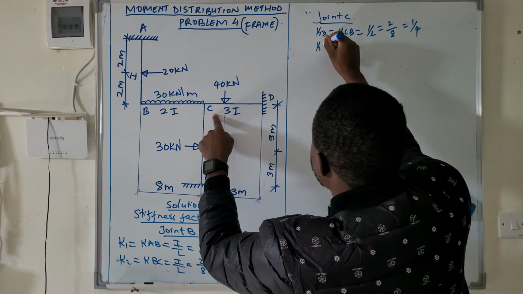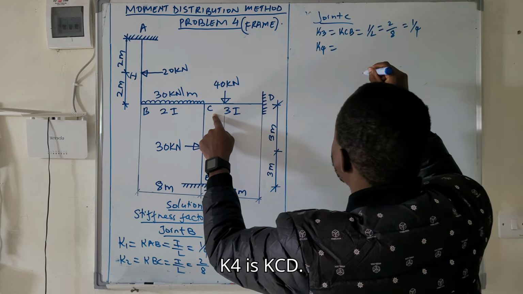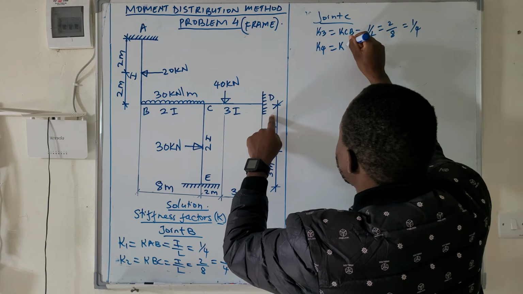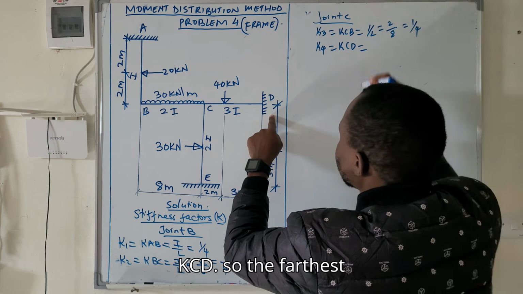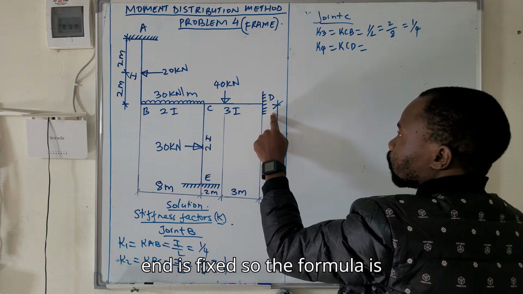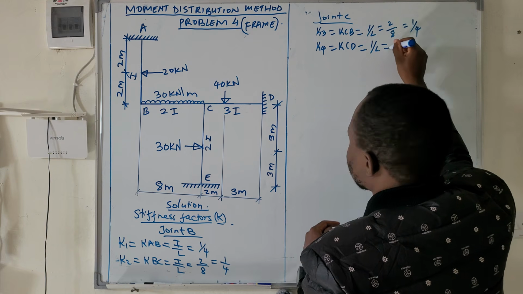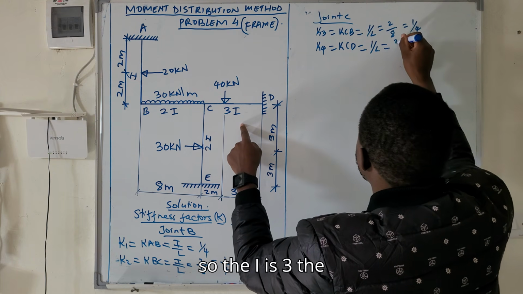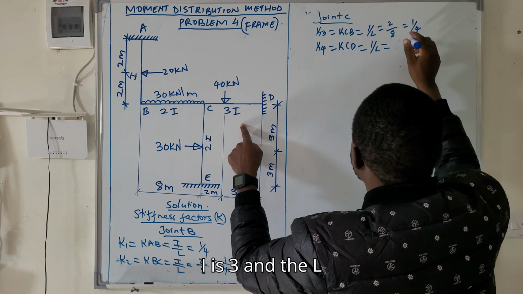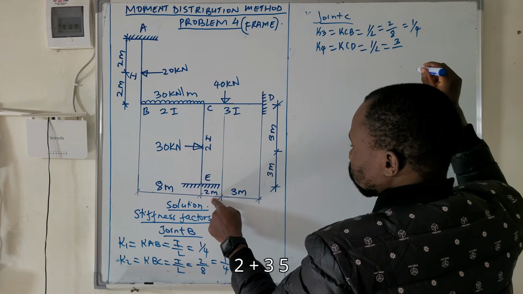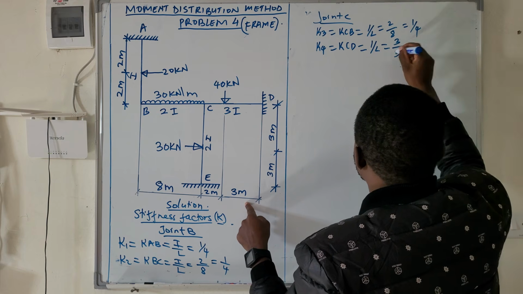K4. K4 is KCD. So the farthest end is fixed. So the formula is I over L. So the I is 3, and the L, 2 plus 3, 5.